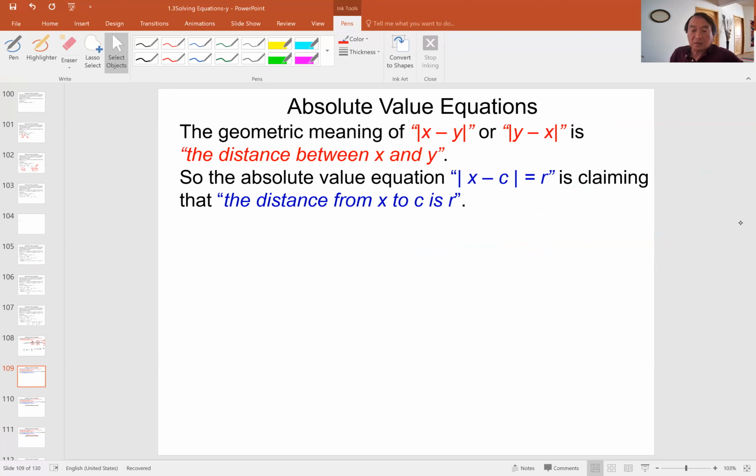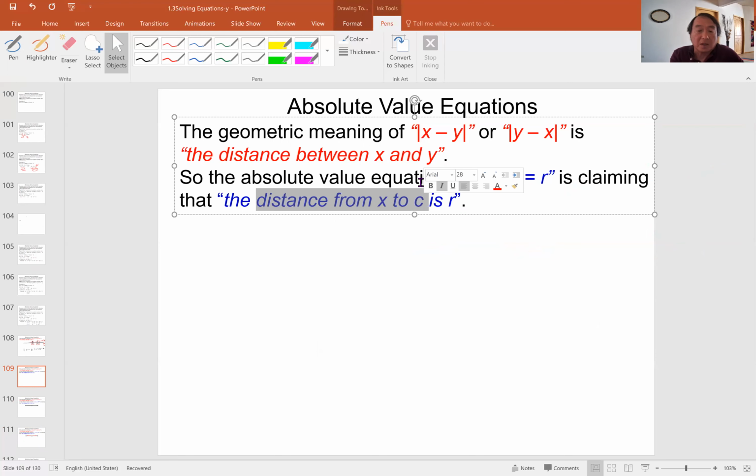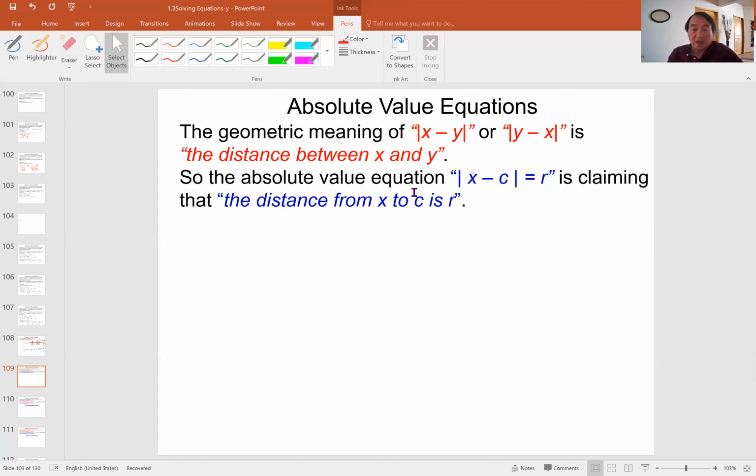So I can solve these equations, and this equation now becomes a geometric meaning. Now we are talking about a distance from x, some variable number, to a number C. Here C is a fixed constant, and R is a fixed constant. This says from the center C, we go out a distance R like a compass.